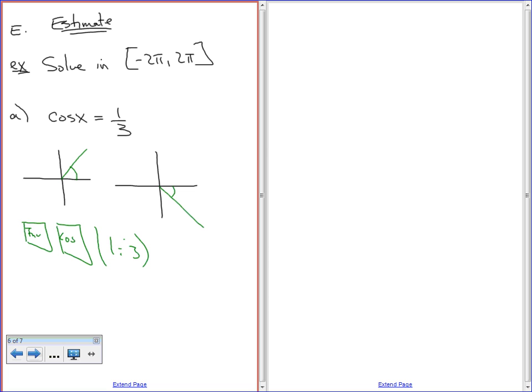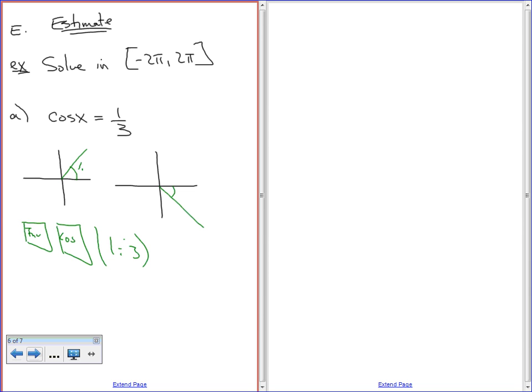1.05. Anybody else get 1.05? Anybody get anything different? What did you get, George? I got 1.23. Anybody else get 1.23? Dean, check yours again. Yeah, so just check it again.